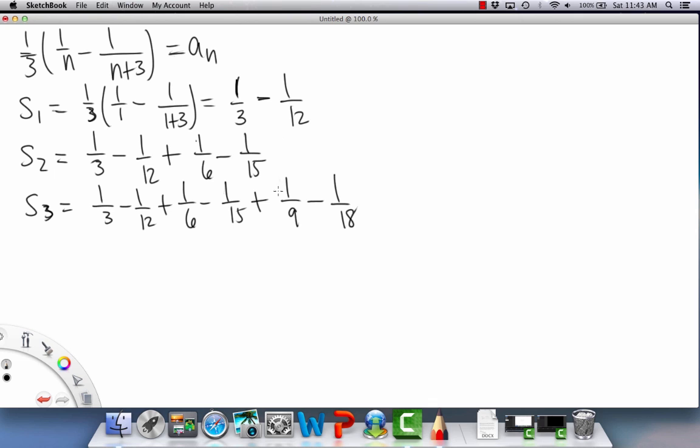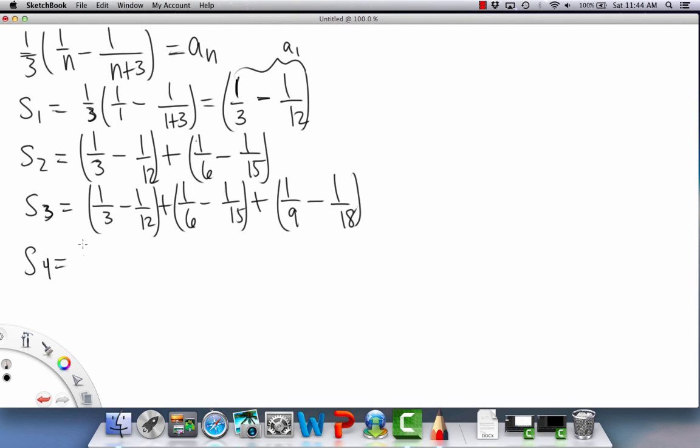I'm going to group these together so that it's easier to see. Each group of parentheses, like this first one, s sub 1, is technically a1. Then here's our a1 again, and here's our a2. So in s sub 3, we have a1, a2, a3. And continuing, we have the same.